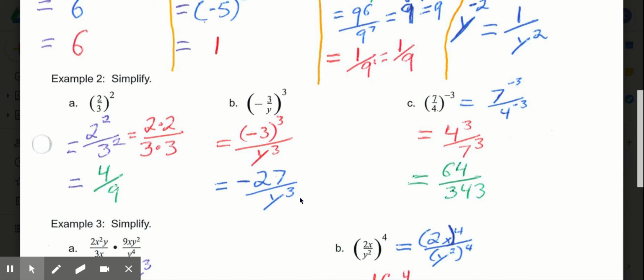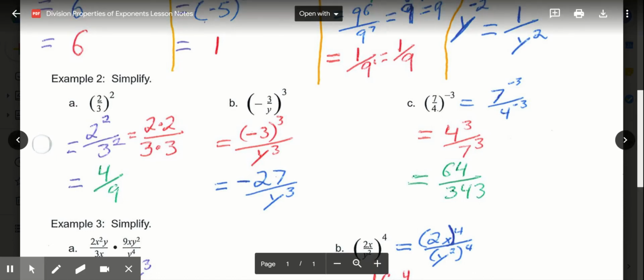And then in part C, we have 7 over 4 to the negative 3. So before I worry about doing anything with the negative, I'm just separating top and bottom. So I have 7 to the negative 3 over 4 to the negative 3.